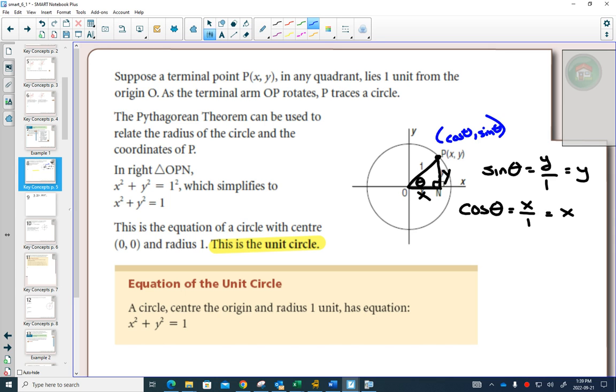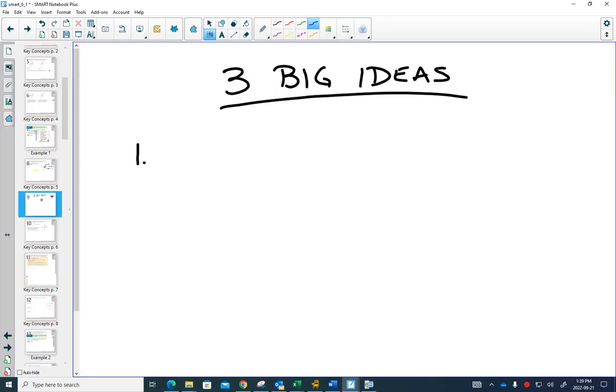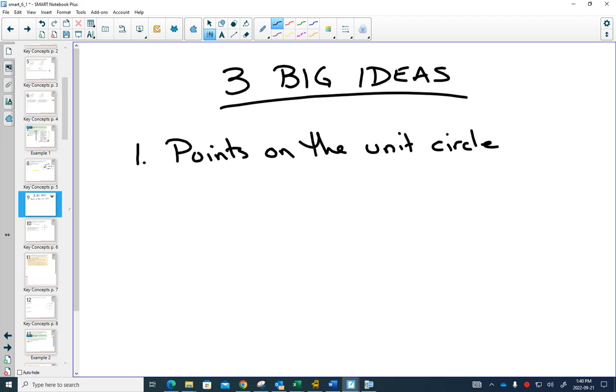This is big idea number 1. So let's turn to the other page. Big idea number 1 is points on the unit circle.